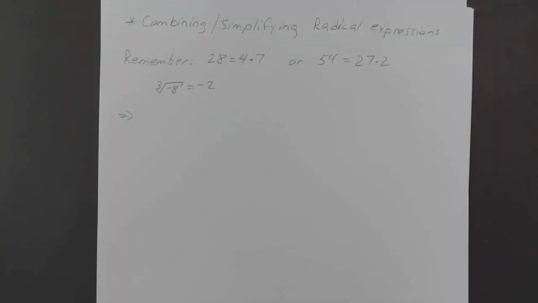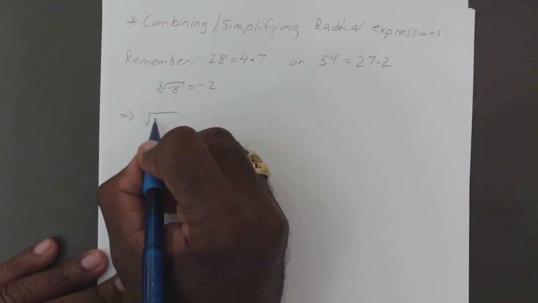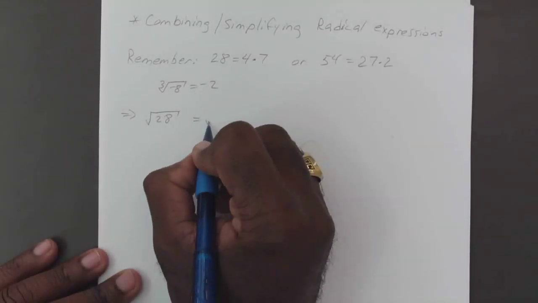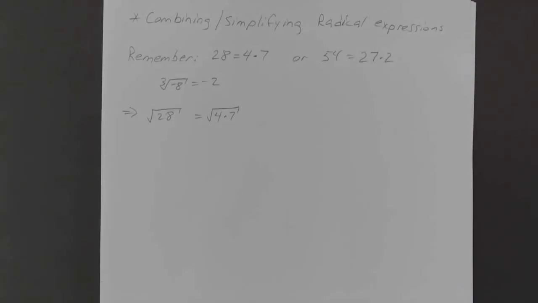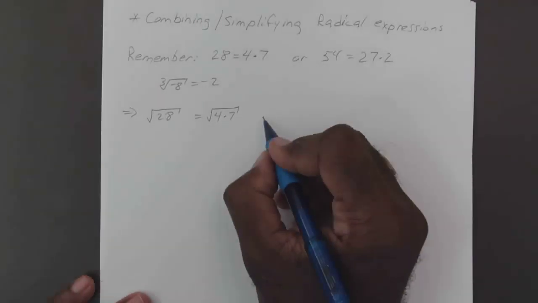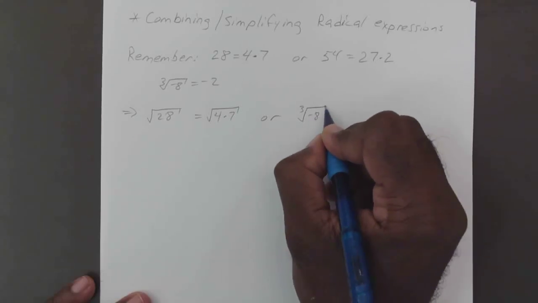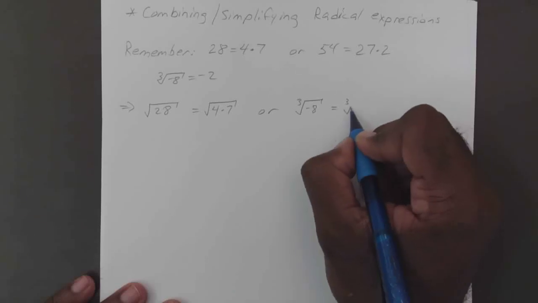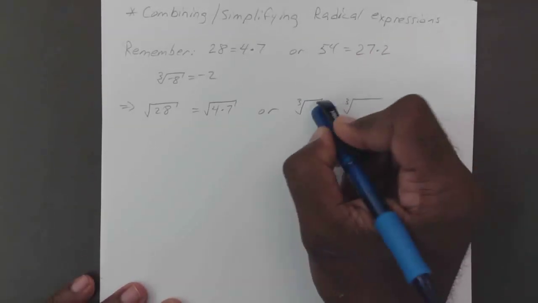So we can get that, and we can say square root of 28 is actually equal to the square root of 4 times 7. Or we can even say cube root of -8 is equal to the cube root, 54, sorry about that.